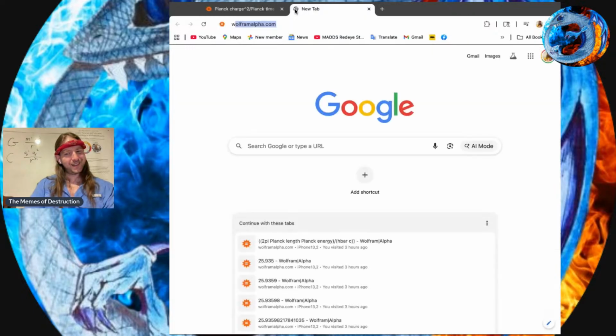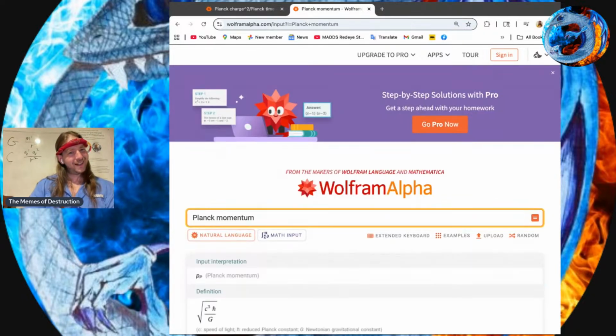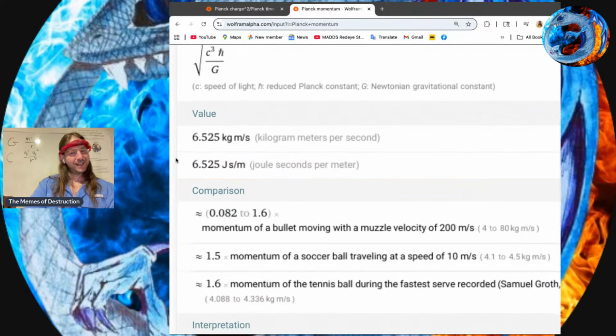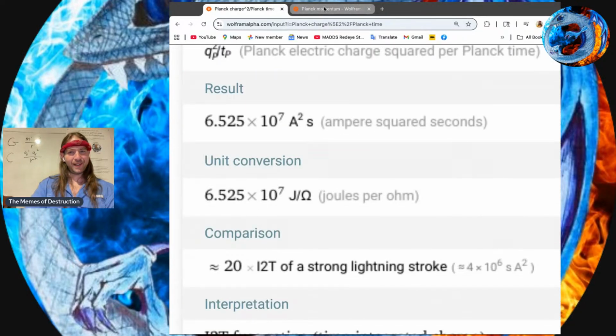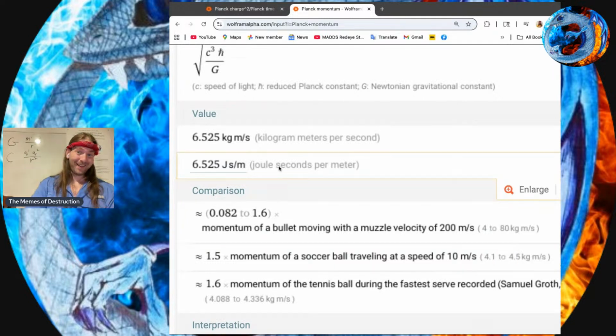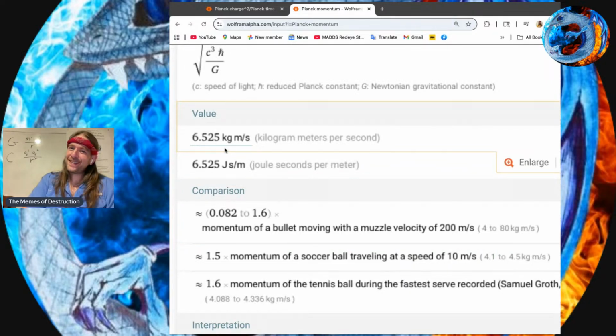It reminds me of a Planck unit, the Planck momentum, 6.525. Now we have to notice the dimensions and magnitude are completely different. It's off by 7 orders of magnitude and in dimensions.